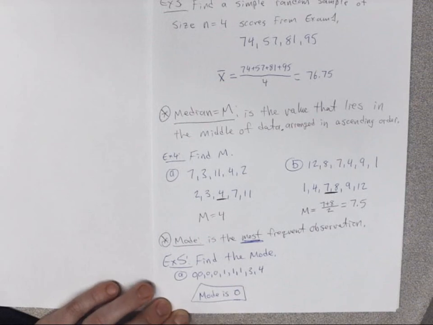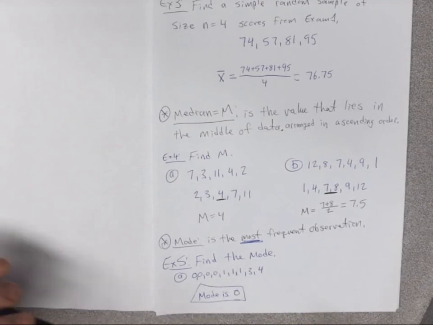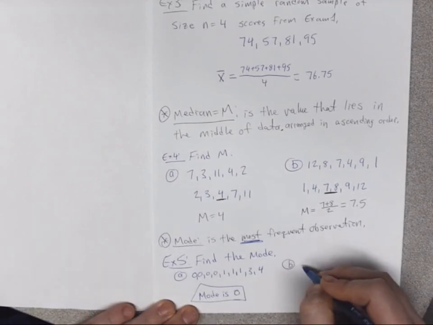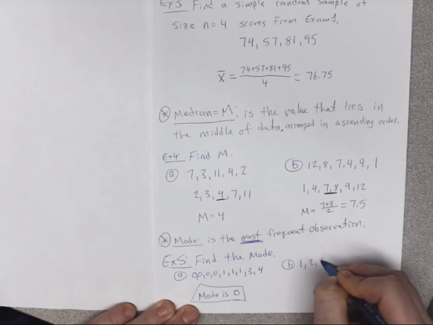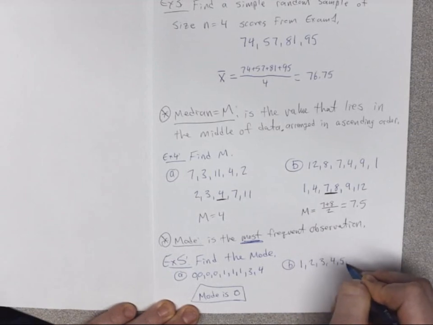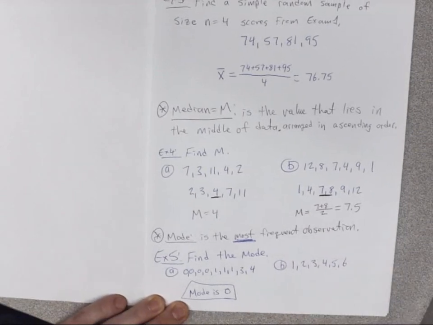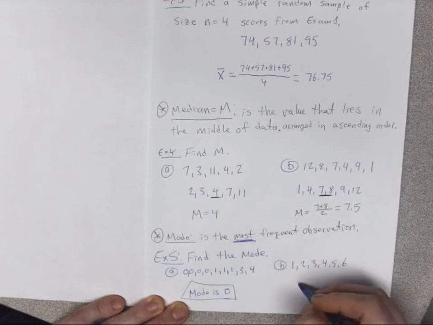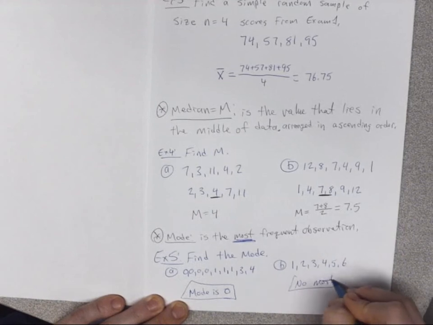All right, and if everything's dead even, I'll just do an example, we'll make it a little easier. Let's say I had this. So everything occurs once, so there's no mode here because nothing is the most. No mode.